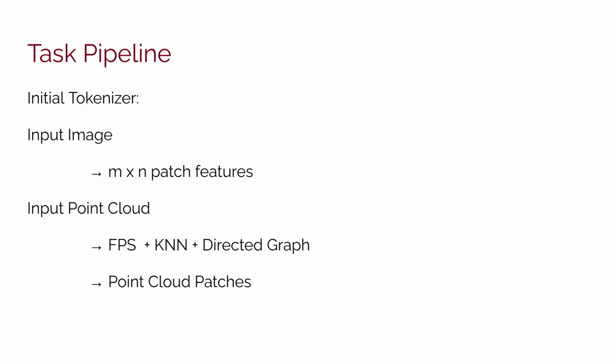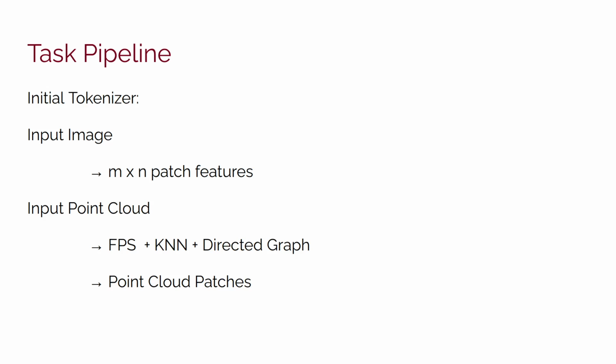And the input point cloud undergoes a series of steps. The first thing is called FPS, or farthest point sampling. The second is K nearest neighbors. Farthest point sampling samples a set of center points, and then K nearest neighbors calculates a set of K points for each of these center points, which gives you a set of smaller point cloud patches.